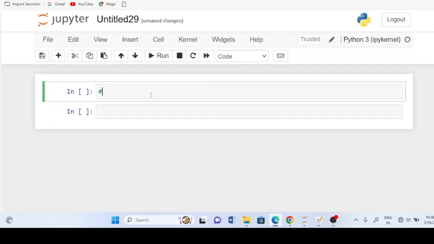Here we are evaluating the integral from 0 to pi by 2 for the function sine power 5t into cos power 3t into dt using the beta function.